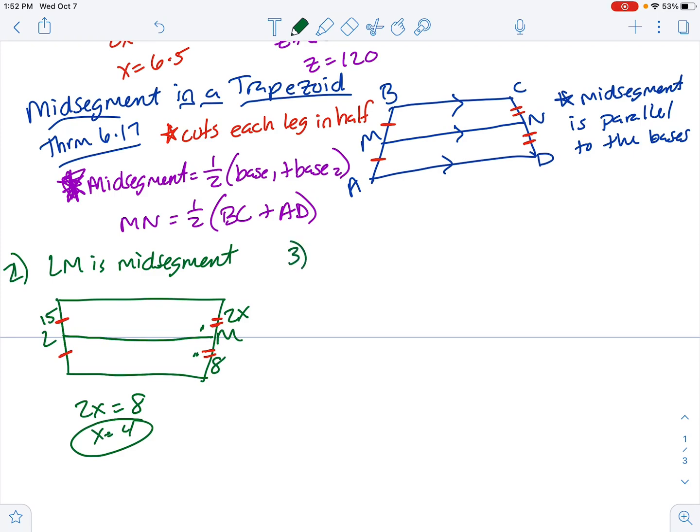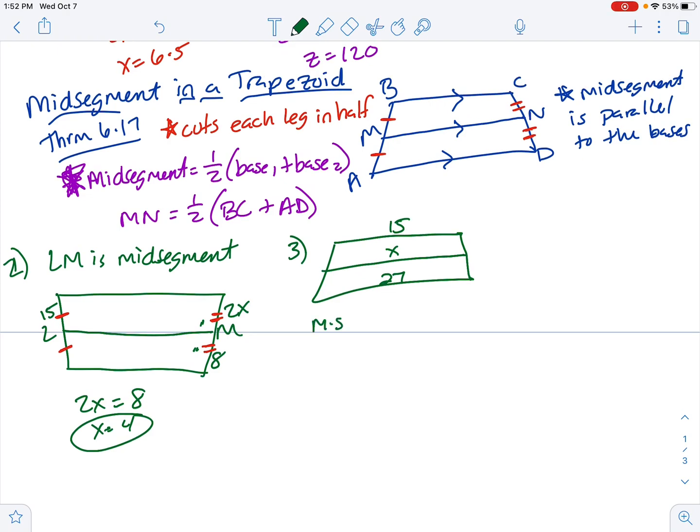Now let's do a couple where we solve for the mid-segment or use the mid-segment formula. So if this is my trapezoid, here's my mid-segment. I know my mid-segment equals 1/2 base 1 plus base 2. Well, what's my mid-segment? My mid-segment's the unknown, that's x.